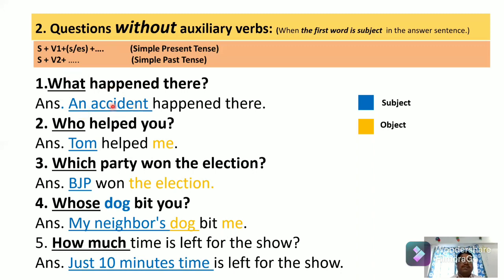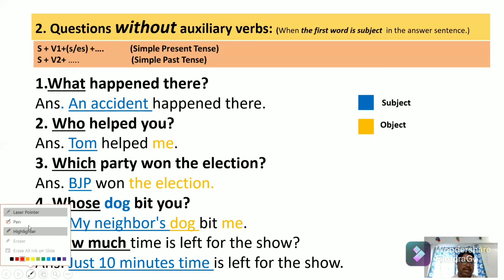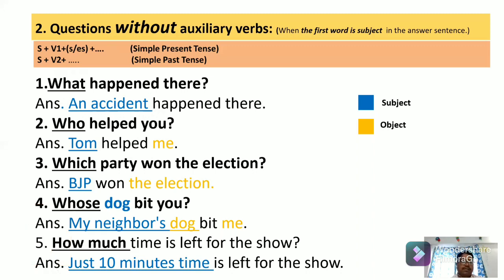But here, the first word in the answer sentence is functioning as a subject of the question word what. So we don't need any auxiliary verb to make the question. The question word what is functioning here as a subject and not as an object.